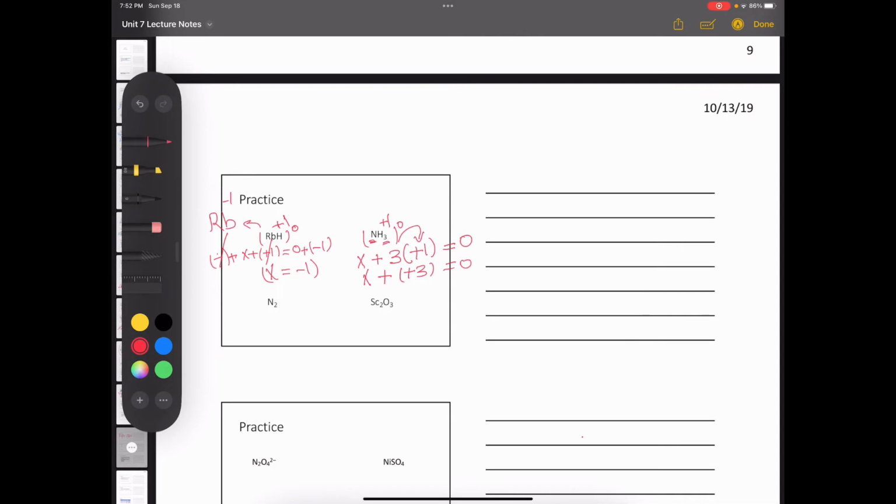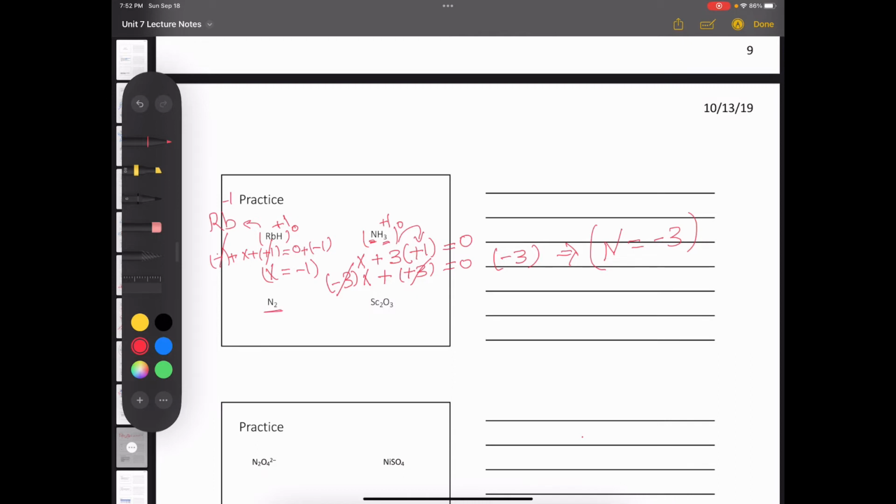In order to get rid of the 3 on the left side of the equal sign, I'm going to add a negative 3, or subtract 3, on both sides. So they cancel out, and X, the oxidation number for nitrogen, will be equal to negative 3.